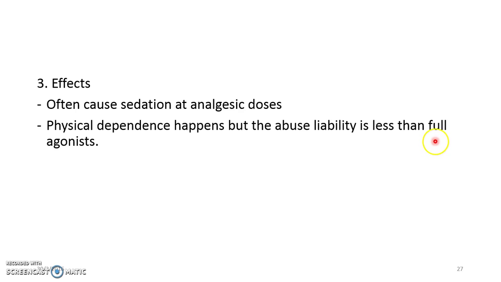Patients who abuse morphine, fentanyl, methadone, and who are on long-standing fentanyl and morphine and those other drugs, are much more likely to develop physical dependence when you compare them to patients who take buprenorphine.